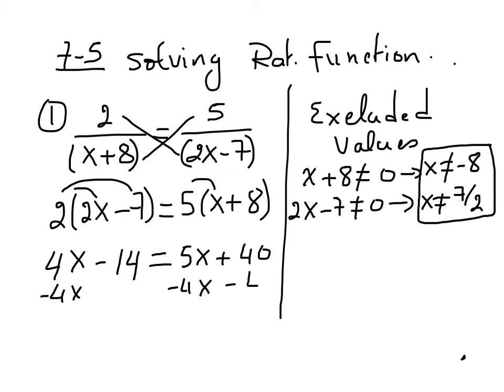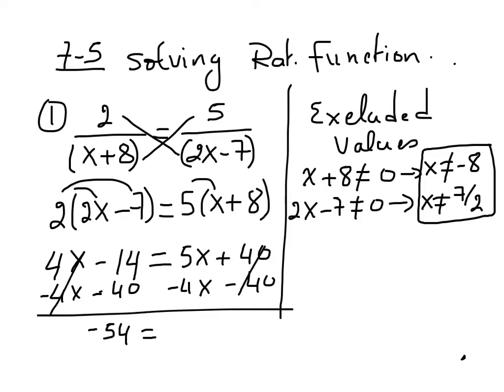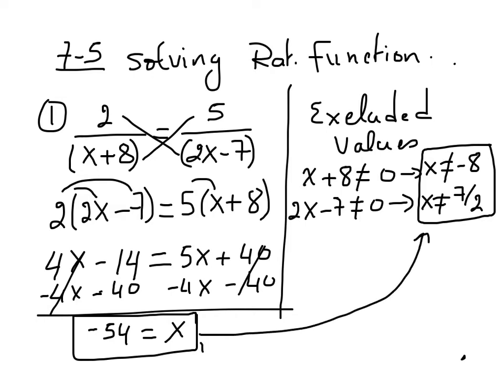Then you subtract 40 from both sides. And then you will end up with, this cancels out, this is going to give us negative 54 is equal to positive x. This value, what x is equal to, for these two ratios to equal each other. This is not an excluded value.